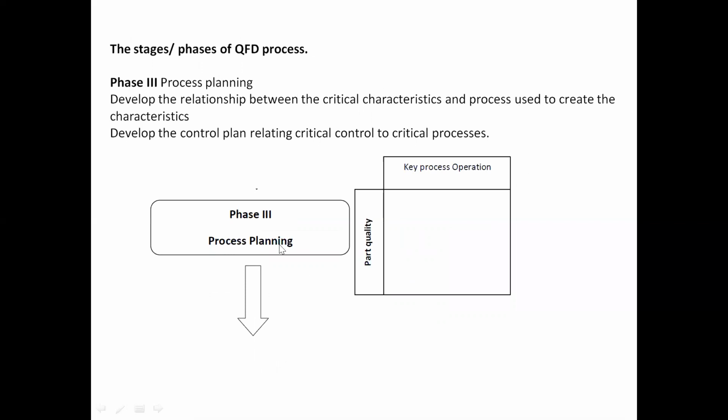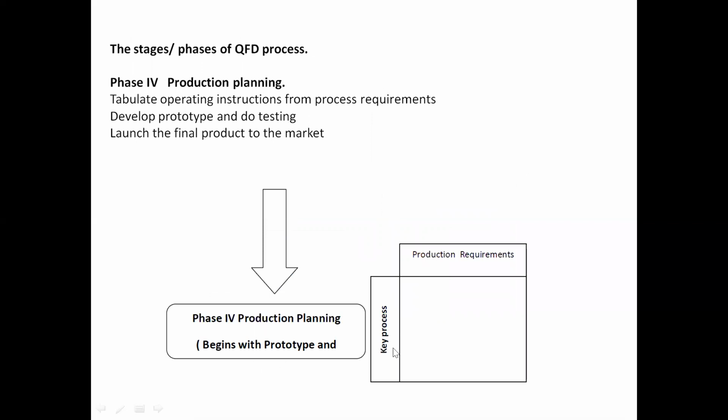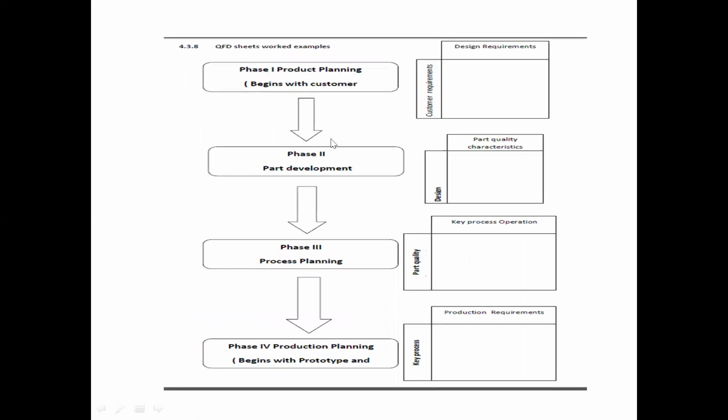Phase 3, process planning. Fourth step: key process factors come here, production requirements come here. So the fourth step is production planning, which begins with the prototype. In production planning, tabulate the operating instructions for the process requirement, develop the prototype and do testing, launch the final product in the market.